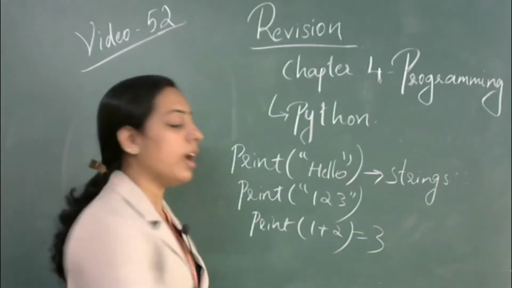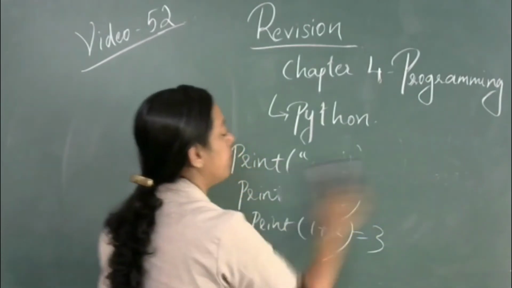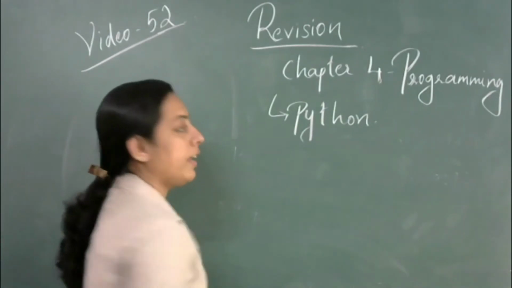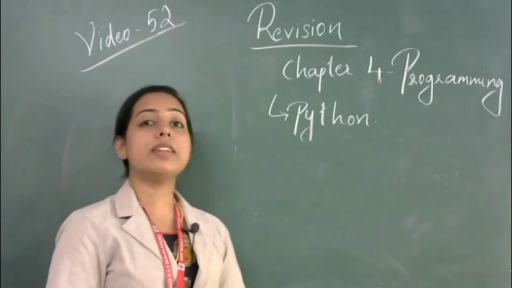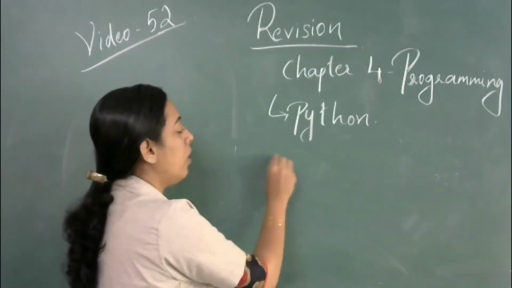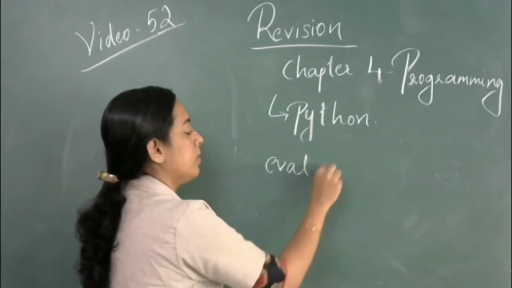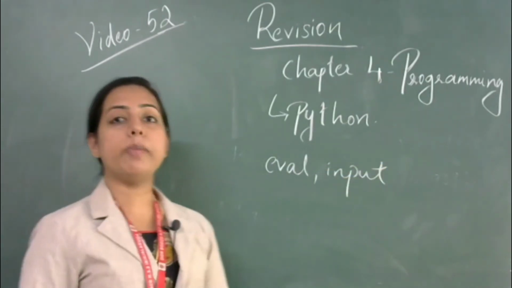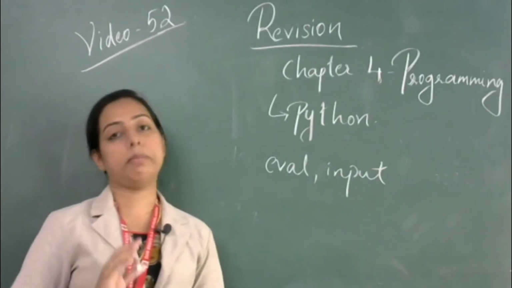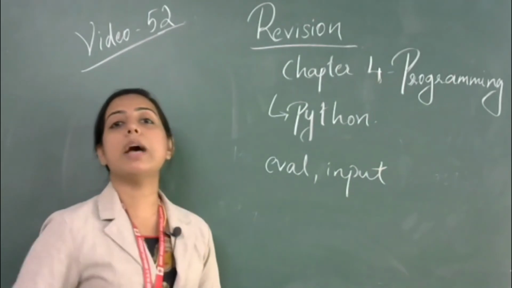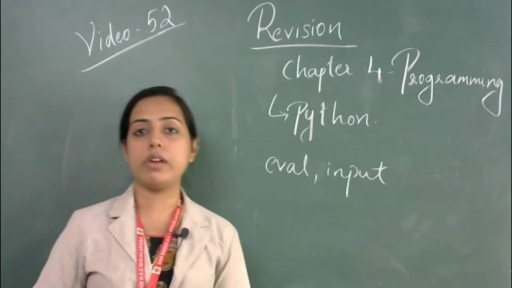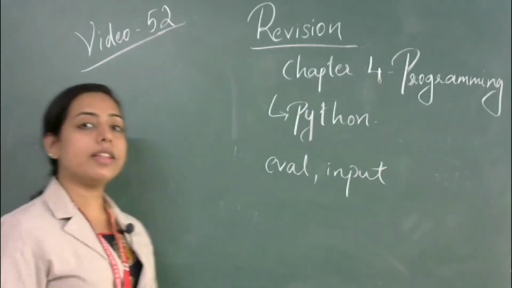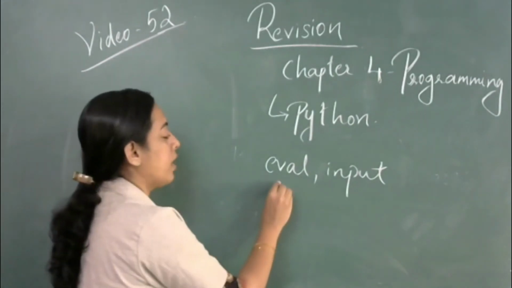Then next we moved to sample programming, like the area of a rectangle. There we studied two different functions called eval and input, isn't it? Eval means evaluation, input means we can enter something. So in that sample program we studied two different functions, eval and input. After that we discussed the if function.